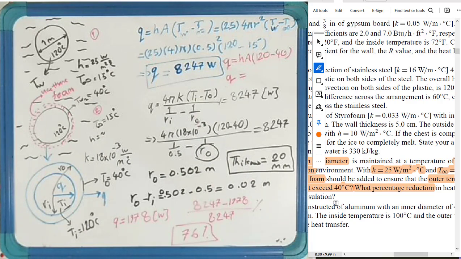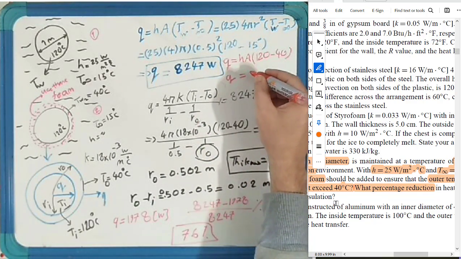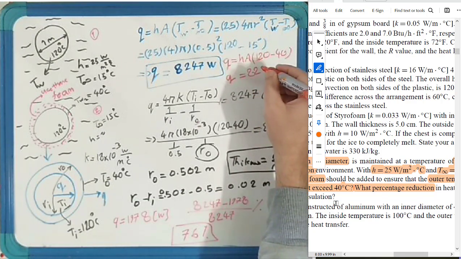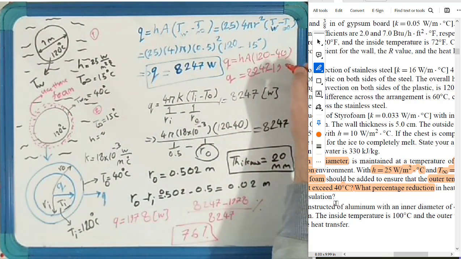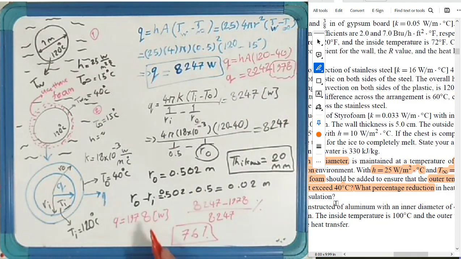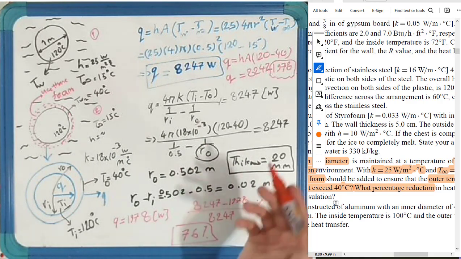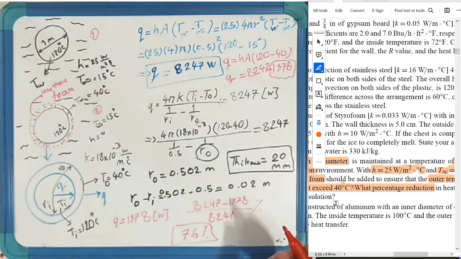And the loss would be 8,247 minus 1978. This is the loss of heat, which we don't have in this situation. So if we want to know the percentage of energy saving, it is 76% of the previous one. Okay, this was the answer to this question.